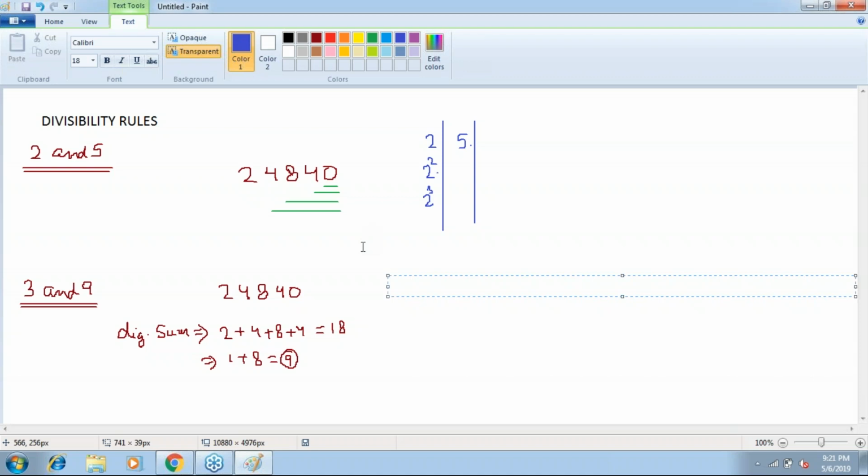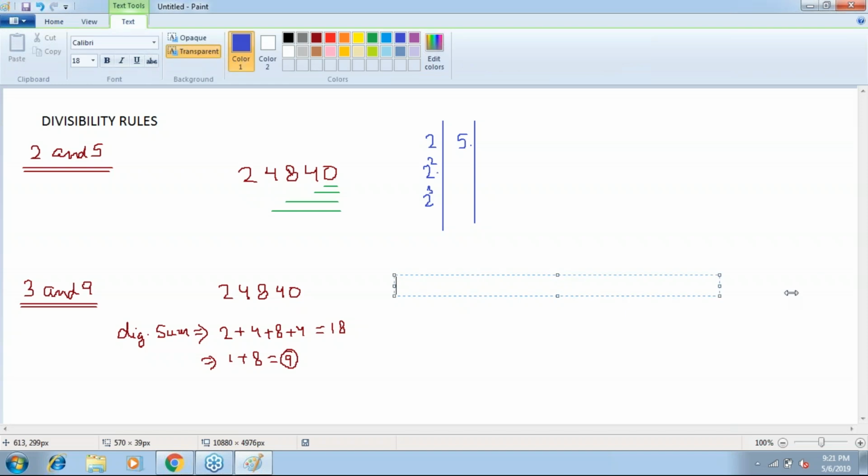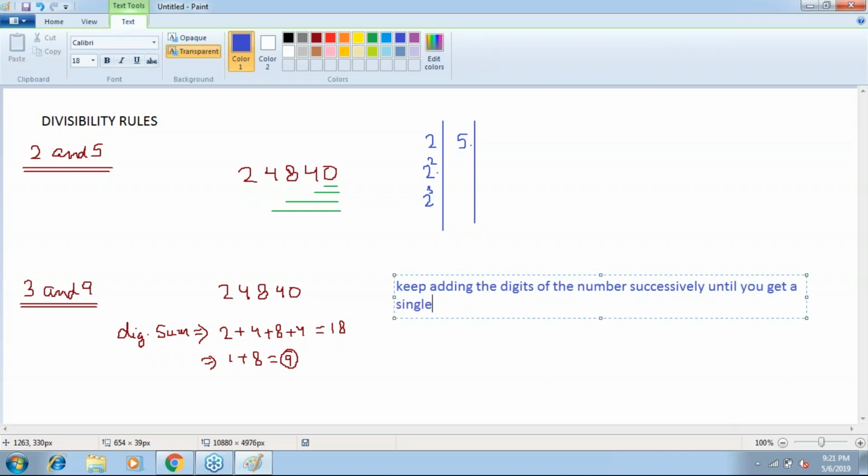Rule number 1: keep adding the digits of the number successively until you get a single digit as the final sum.